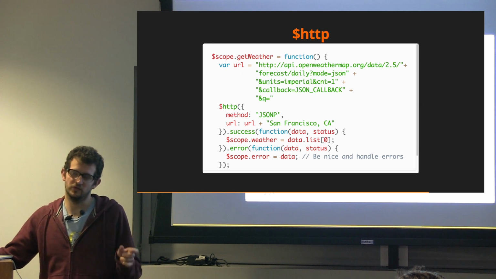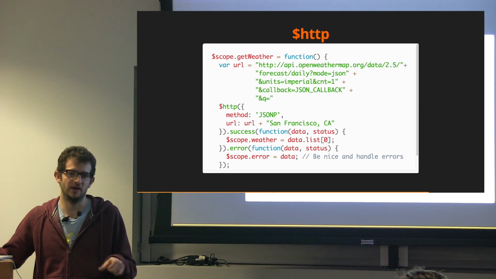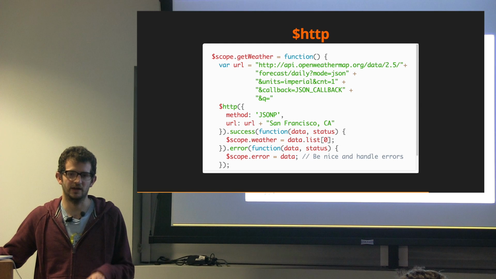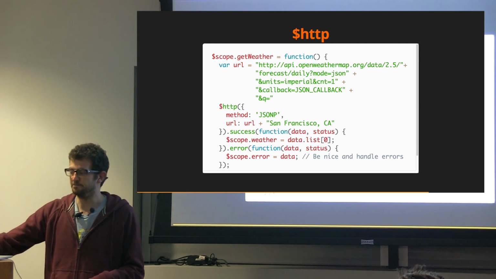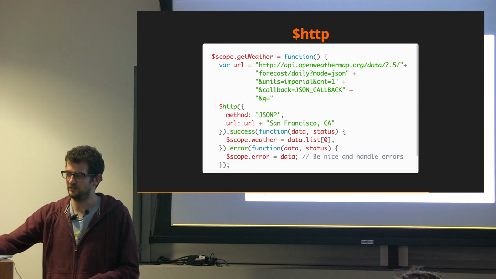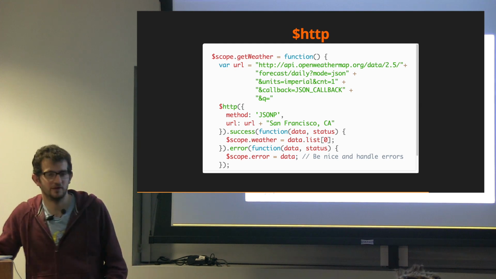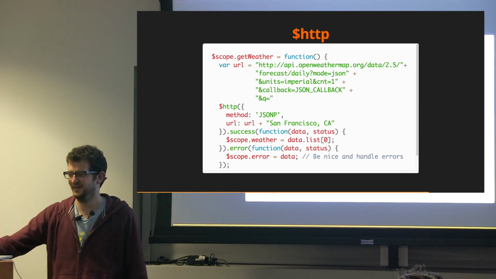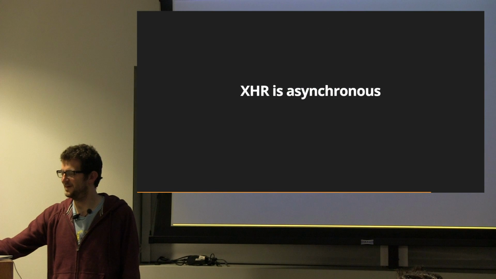It also defines if there's an error, you can define an error function on that object and handle that if there's an error. This is, by the way, the function that we had running there to get the weather.